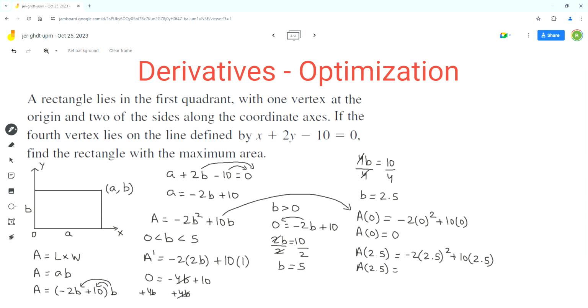I got 12.5. Next, we can sub in B as 5 in the area equation.